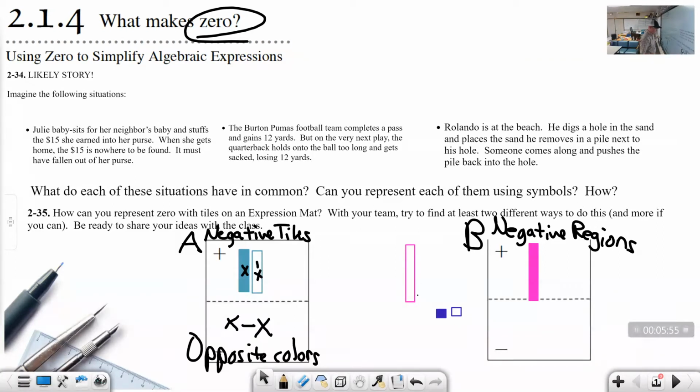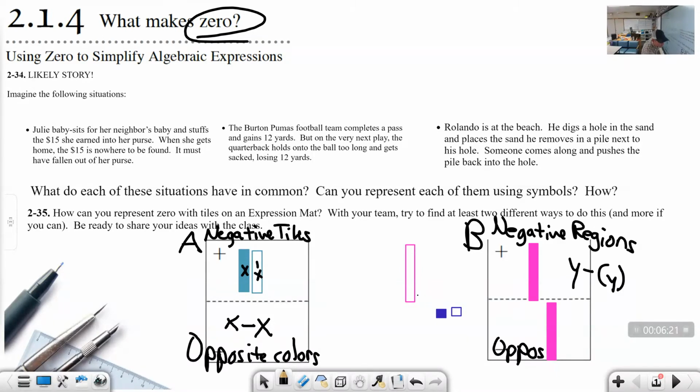So I can't put that down there. I have to put a positive tile in the negative region. Notice that when I do this, I get y minus parentheses y.